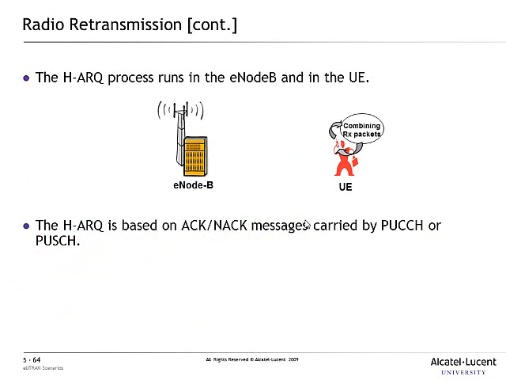HARQ runs in both the UE as well as in the eNode B. So in the eNode B, for example, if the eNode B was to send a packet on the downlink and the UE was to assess that packet and say, I've received this in error, how does it know? It just does a CRC check, cyclic redundancy check, on the data that was received, and if the CRC computed is different from the CRC that was received, then it knows that there's an error associated with the packet.